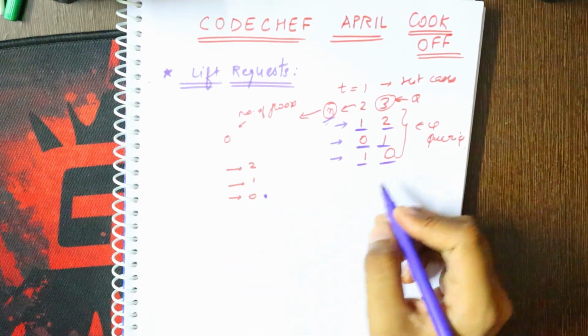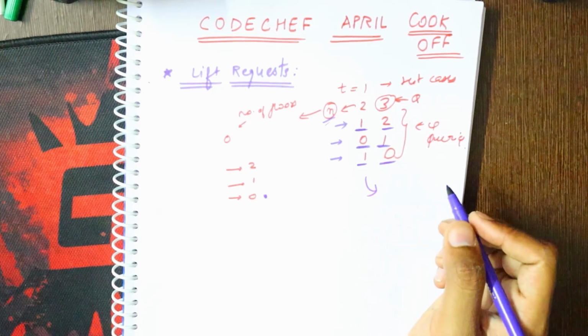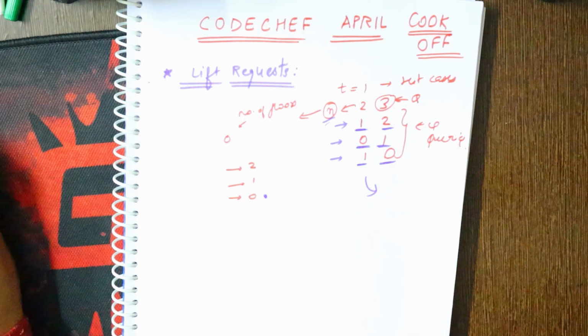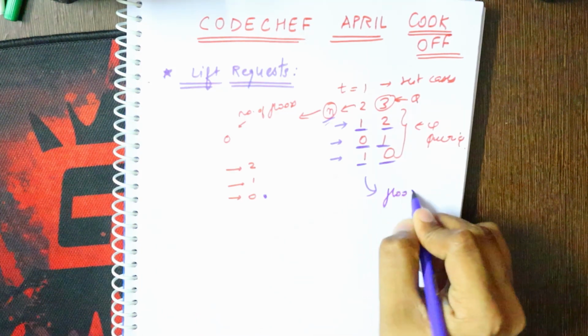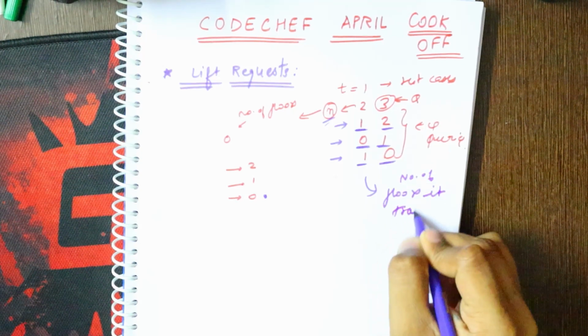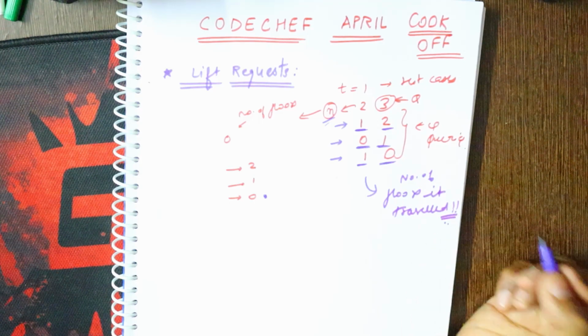So basically what we have to output is the number of floors it traveled. So what will be the number of floors it traveled?